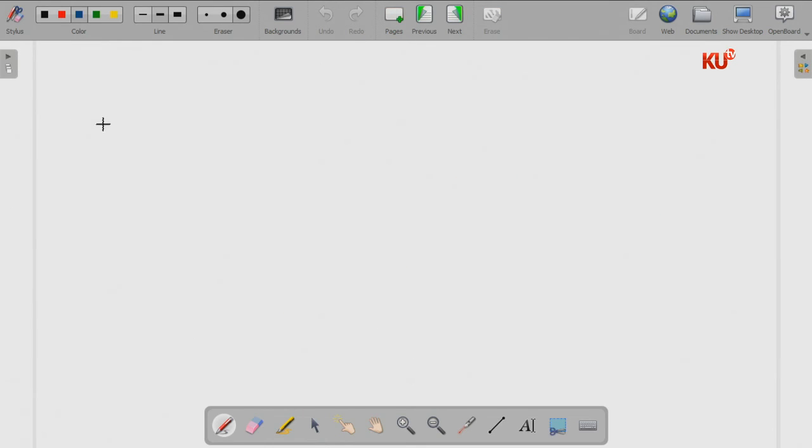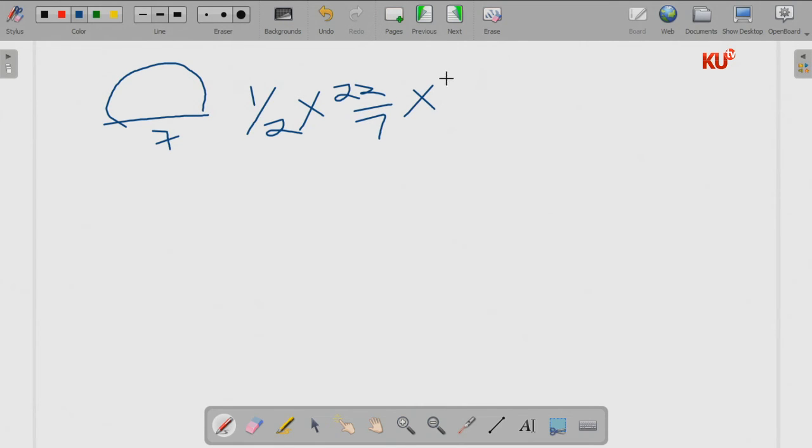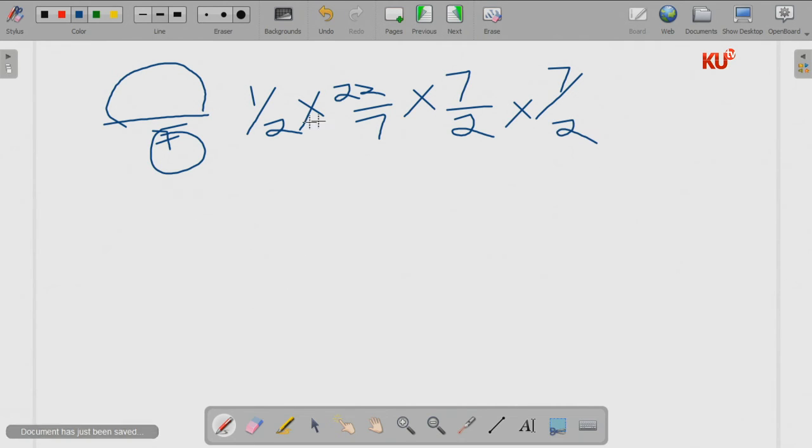We say the semicircle is this with a diameter of 7. We say area is half times pi times r. Because this is diameter, we use 7 over 2, so 22 over 7 by 7 over 2. I think we are okay up to there. Then we can cancel this. This one can go with this one as 11.